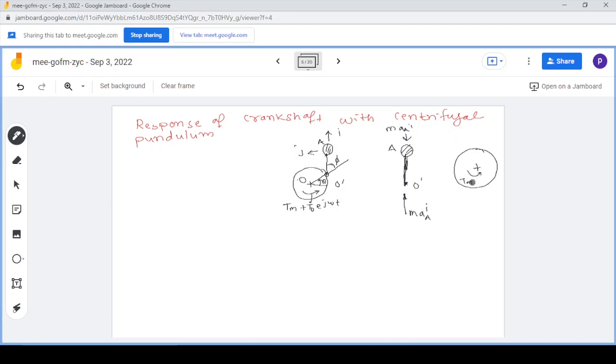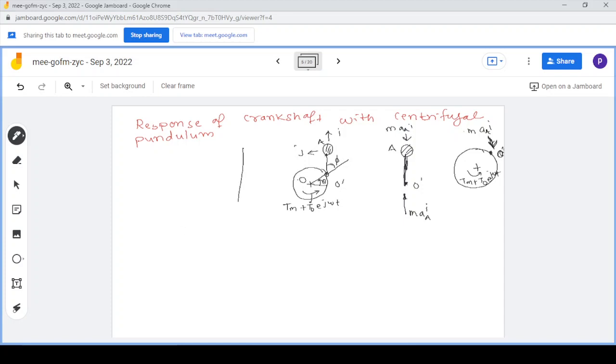This is the torque acting, Tm plus To e raised to j omega t, right? This is the position O dash, where the inertia force acting is M A. Okay, so this is what we are going to consider.